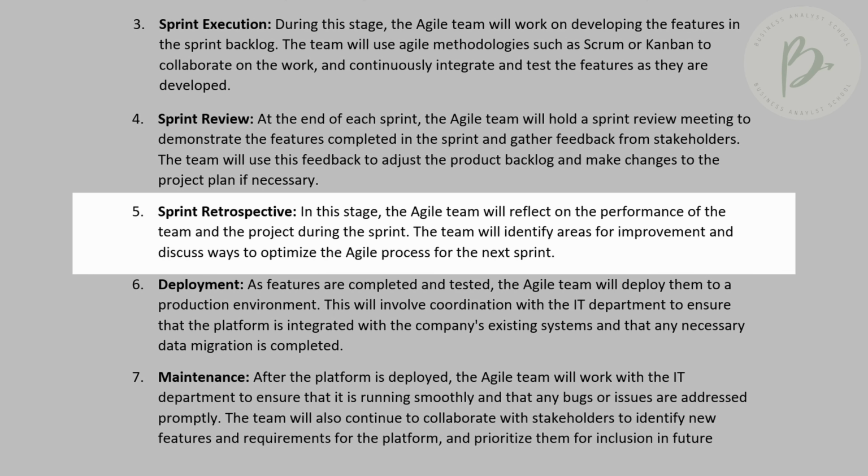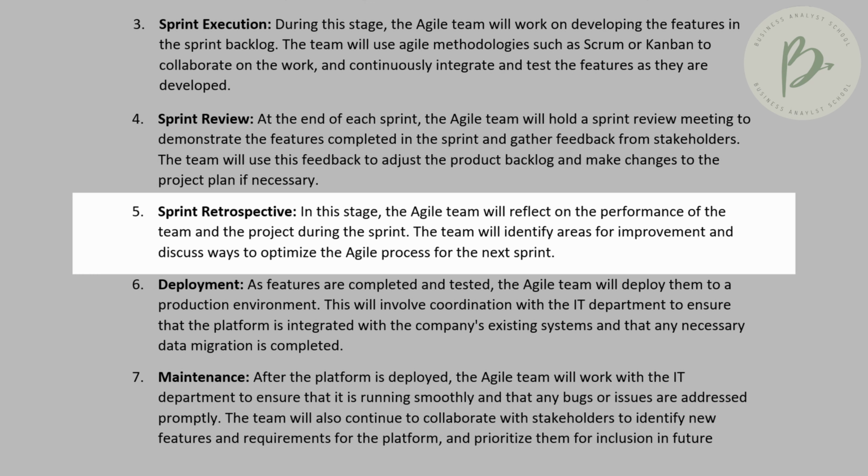The fifth stage is the sprint retrospective. Retro, right? We are going back, okay? This is where we reflect. Try to think of the word retro. Sprint retrospective, right? The Agile team will reflect on the performance of the team. Remember I said the Agile environment is very collaborative, very transparent, right?